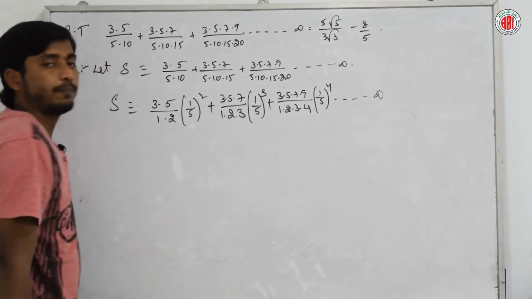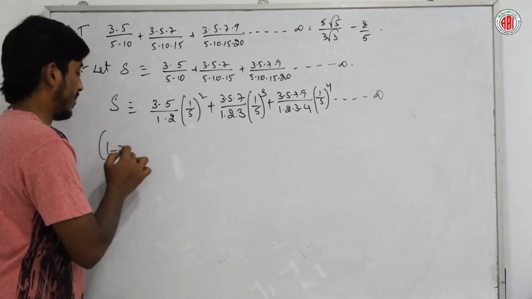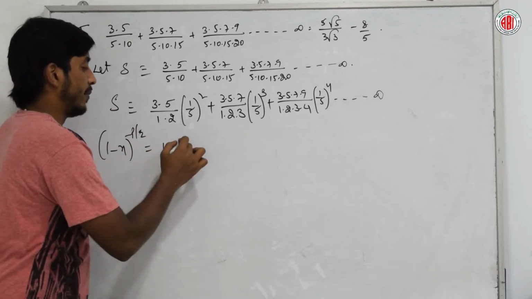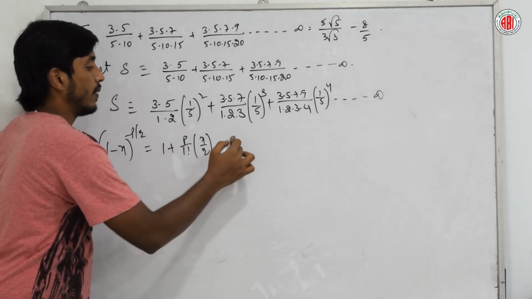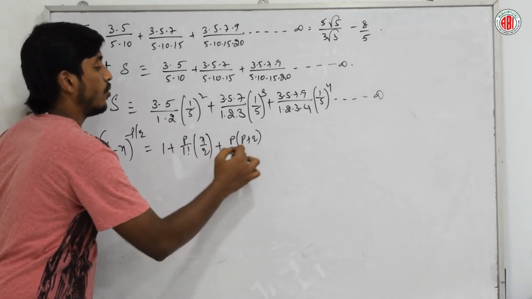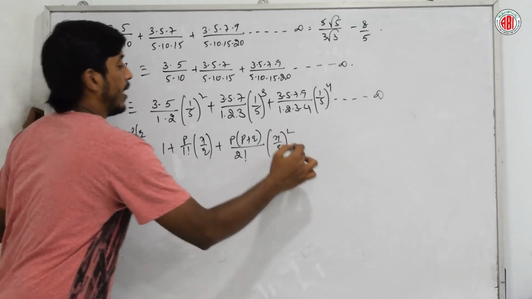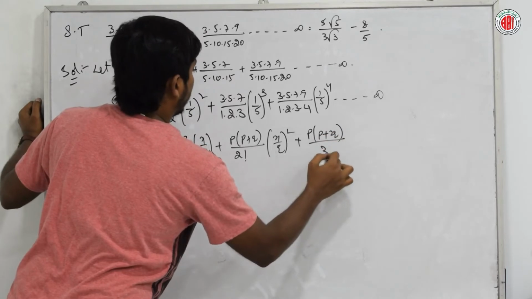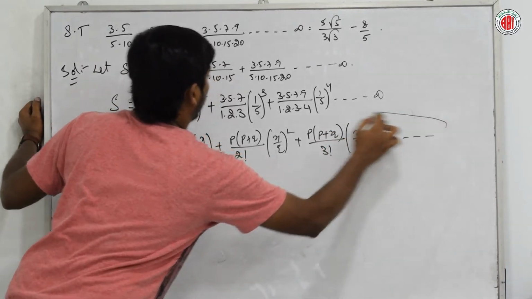Right. Now if you compare it with 1 minus x whole power minus p by q, the expansion will have 1 plus p by 1 factorial into x by q plus p into p plus q by 2 factorial into x by q whole square plus p into p plus q into p plus 2q by 3 factorial into x by q whole cube and so on.